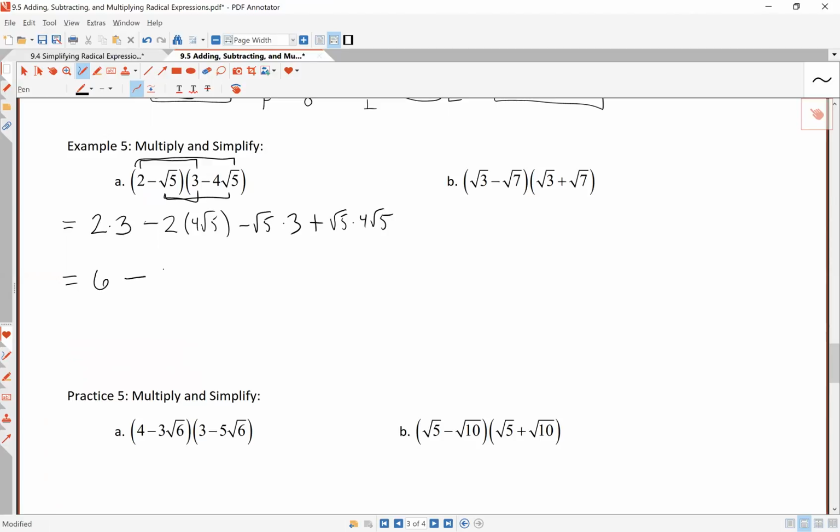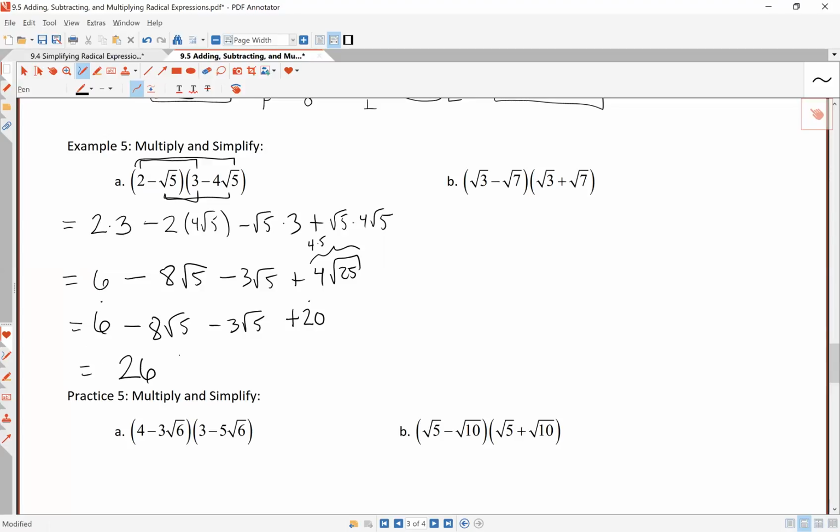We get 6 minus 8 square root of 5 minus 3 square root of 5 plus 4 square root of 25. And that's 4 times 5. So we have plus 20. That gives us 6 plus 20 is 26, minus 11 square root of 5.